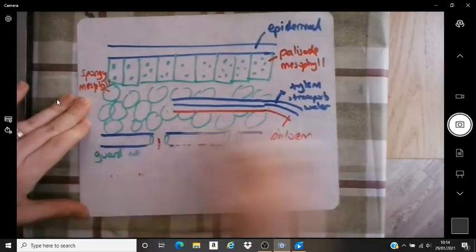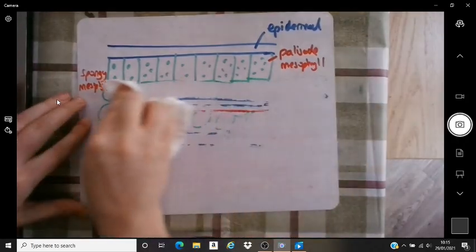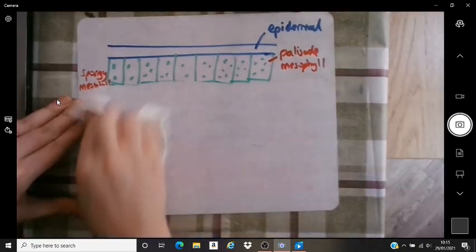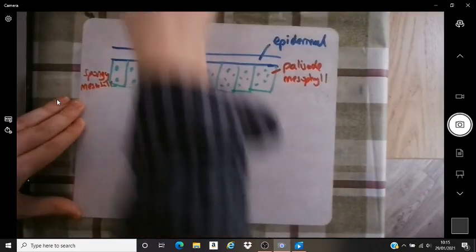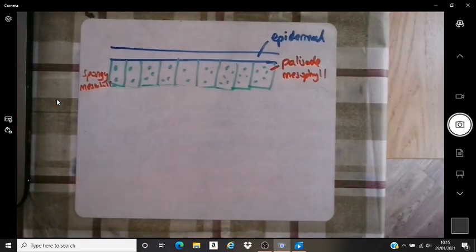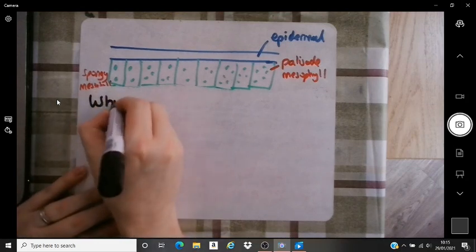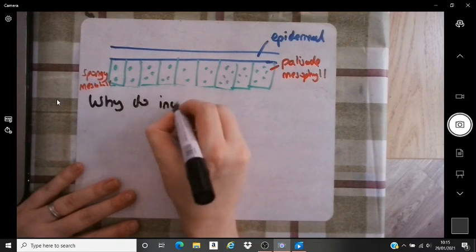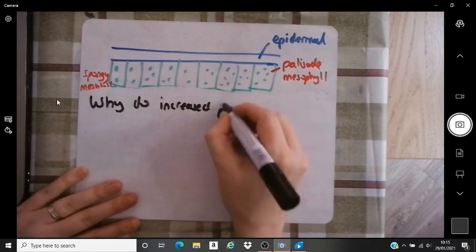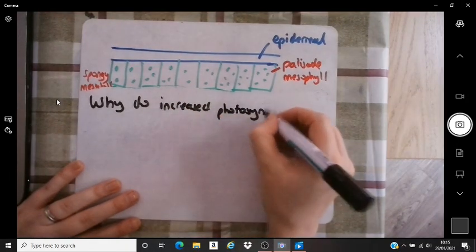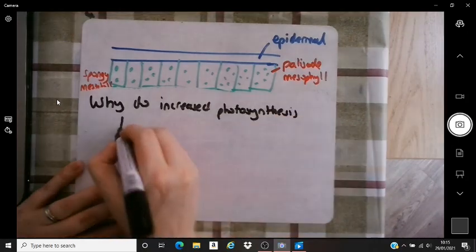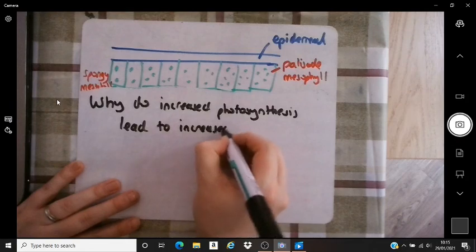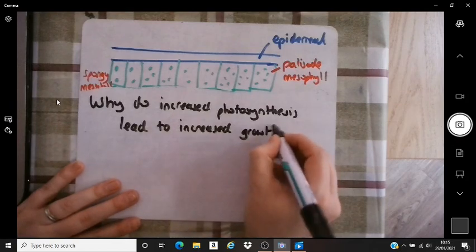And my grade 9 question, I'm going to just focus on this top layer where all the mesophyll cells are. Why does photosynthesis, or at least why does increased photosynthesis lead to increased growth in the plant?